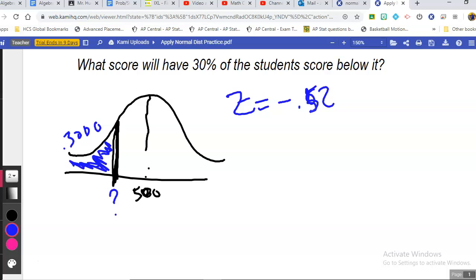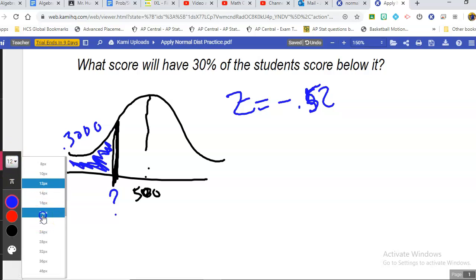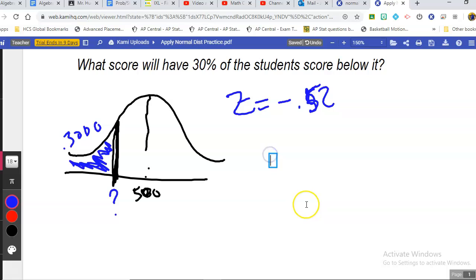Okay, so we're going to take our equation then and work with it. We have a mean of 500, a standard deviation of 100, and we are trying to find X. Let's see.